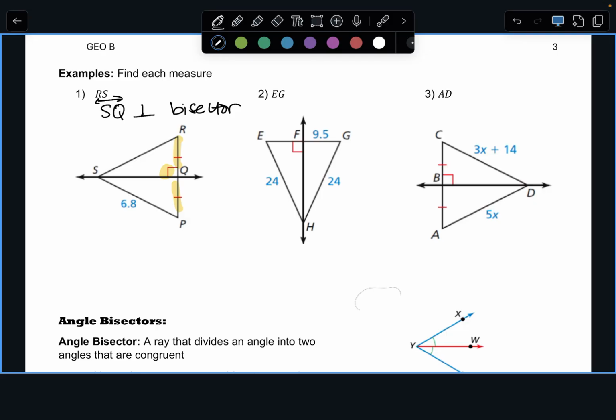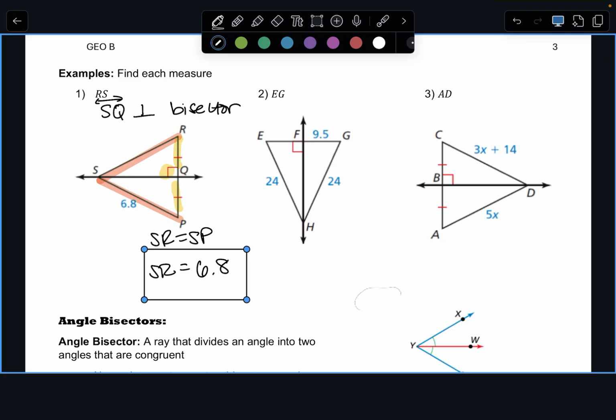SP and SR are also the same because S has to be equidistant from the endpoints. So if SR is equal to SP and SP is 6.8, what's SR? If my orange ones have to match, what's my top orange one? 6.8.